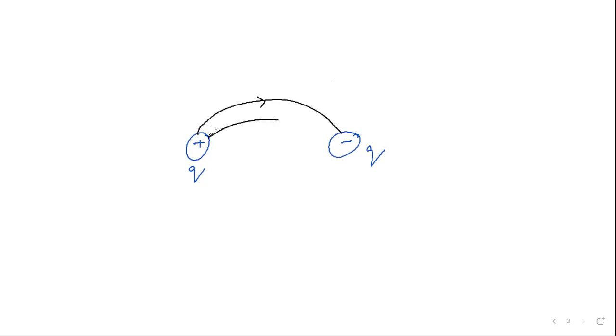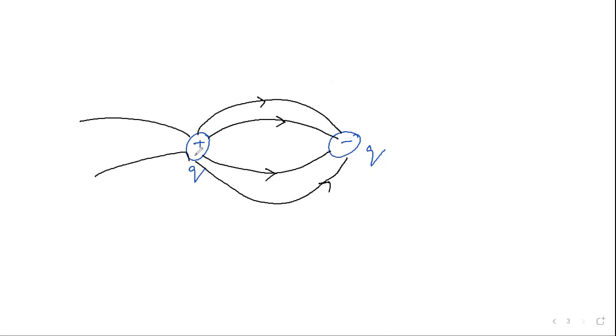You know, electric lines of force leave the positive charge and end at the negative charge. So it will be like this, right? So this is the approximate electric field surrounding an electric dipole.